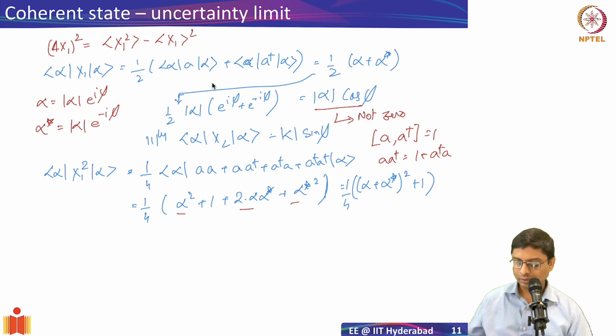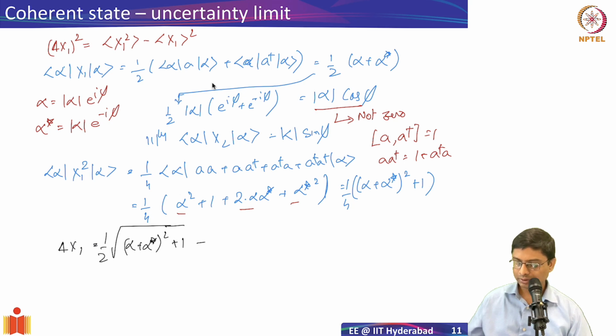Now clearly my expectation value of delta x1 is going to be equal to the square root of this, 1/4 taken out. The square root of that will give me half, and then alpha plus alpha star whole square, plus 1.